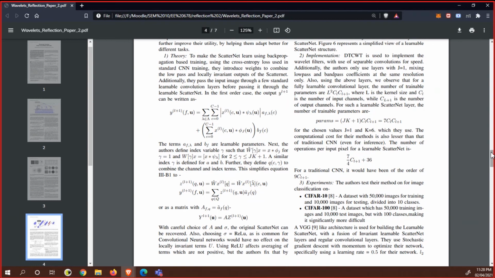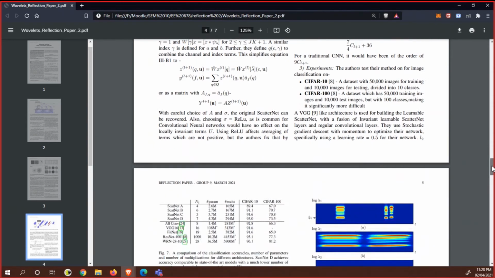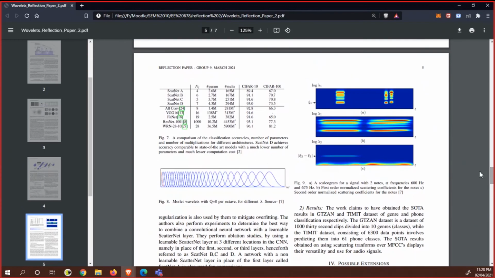They analyze their network for the number of trainable parameters as compared to a standard convolutional network, and the number of parameters in such a learnable scatternet based neural network, although learnable, is much lesser than the number of parameters in a full convolutional network.